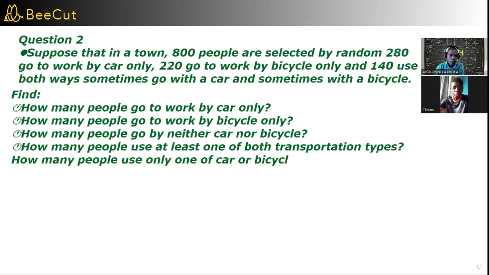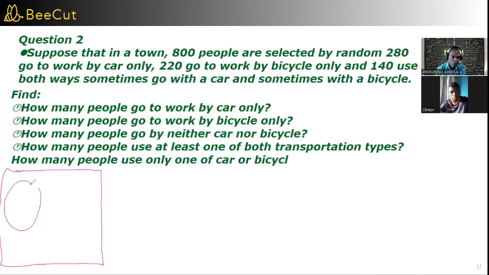So here now, we're still going to be putting up our Venn diagram to represent the information that we have been given. So let me draw that here. In our Venn diagram, we have something like this.